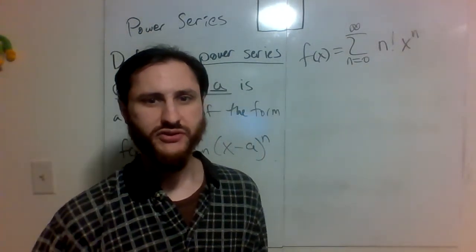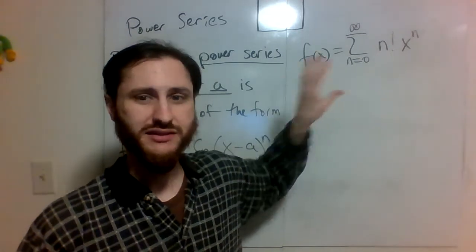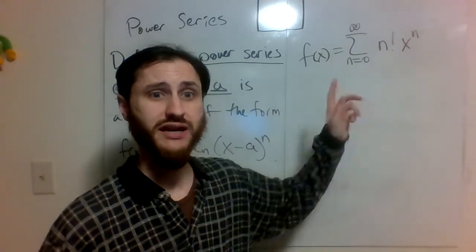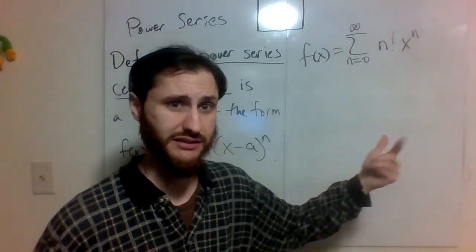So this time we have a power series defined by the sum from n equals 0 to infinity of n factorial times x to the n.